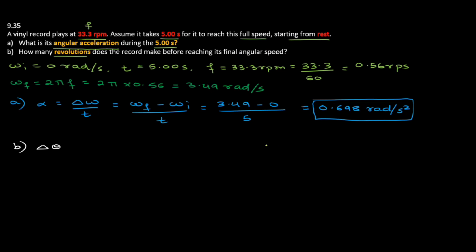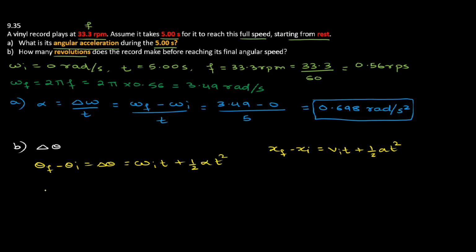The third equation of motion was to find the displacement x final minus x initial, which was equal to v i t plus half a t squared. When I write the same equation using angular quantities, I write theta final minus theta initial, which is my delta theta, equals omega i t plus half alpha t squared.